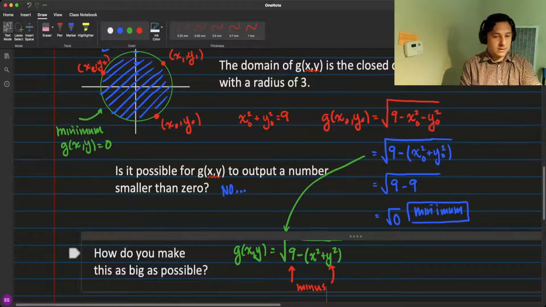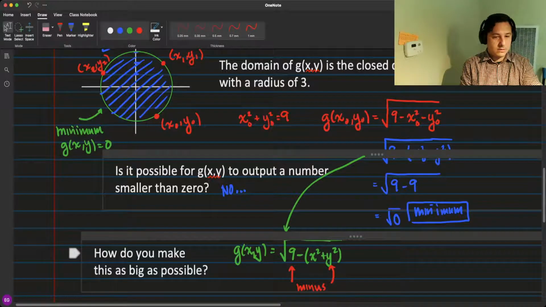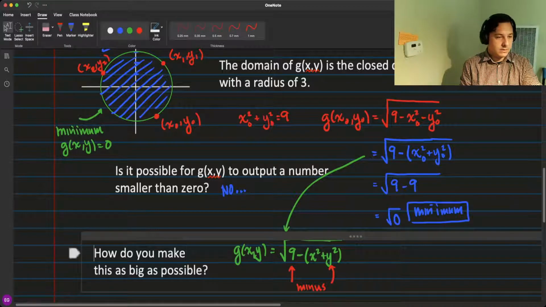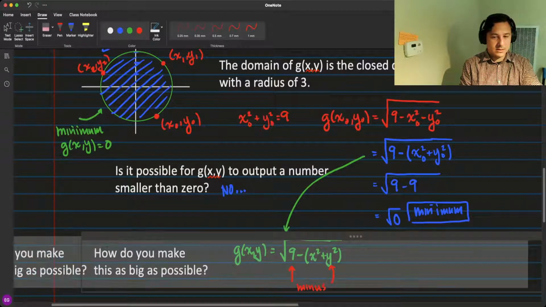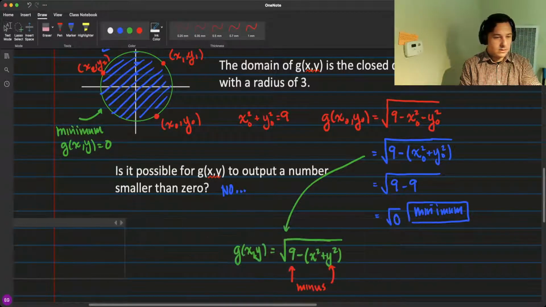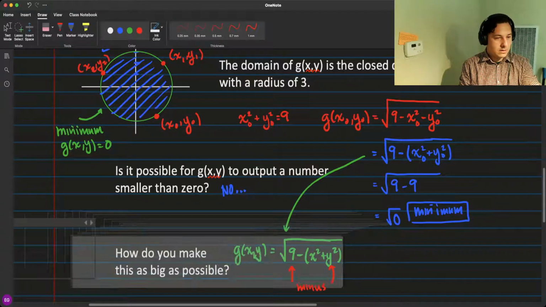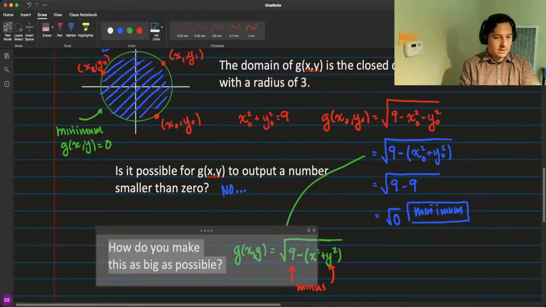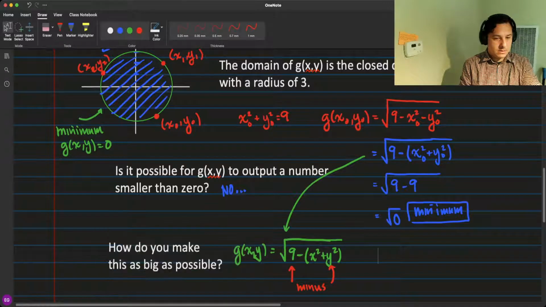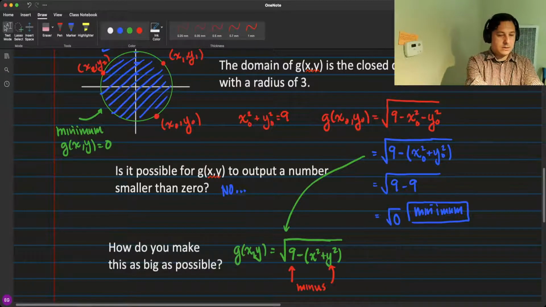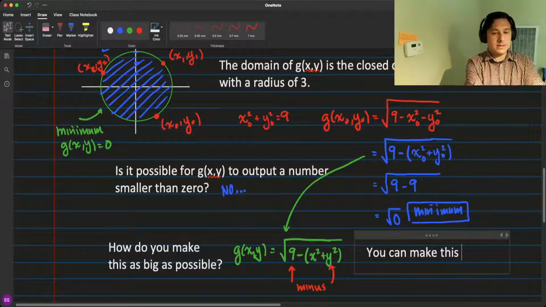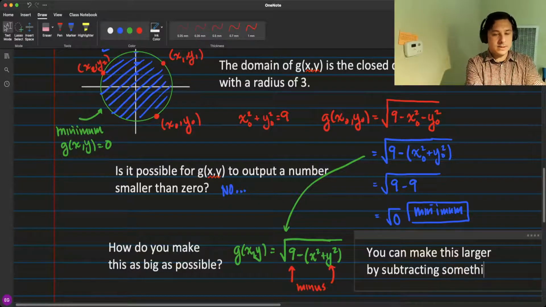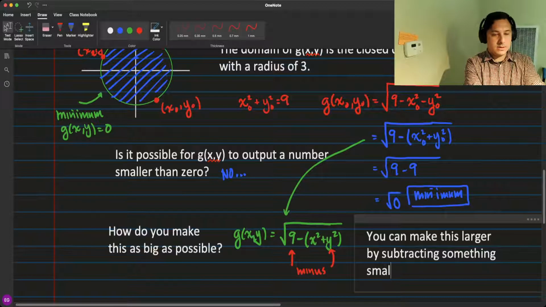Okay, so how do you make this as big as possible? Well, you can make this larger by subtracting something smaller.